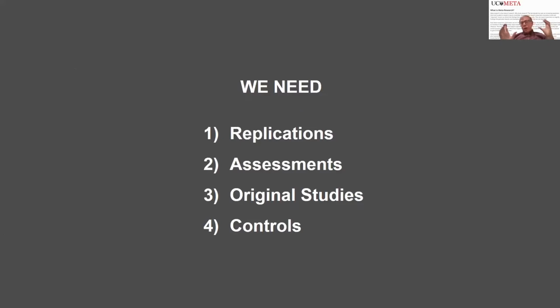To do this analysis, we need a couple things. We need to have replications. We need to have assessments of those replications. We need to determine whether those replications supported or disconfirmed the original studies. We need to pair the replications to those original studies. And once we've identified that set of original studies, we need to match those to controls.